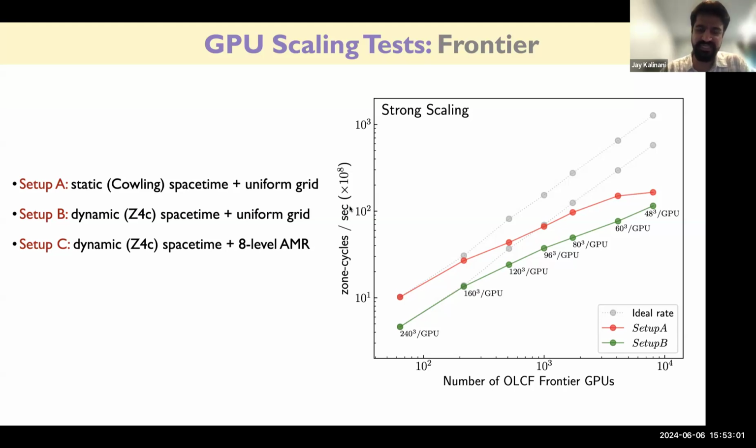Sorry, I forgot to mention that we measure performance in terms of zone cycles per second, or basically average grid cell updates per second. With about 1,000 GPUs, the strong scaling efficiency goes down to about 50% compared to an 8-node performance, and it goes down to about 20% when we go to about 8,000 GPUs.